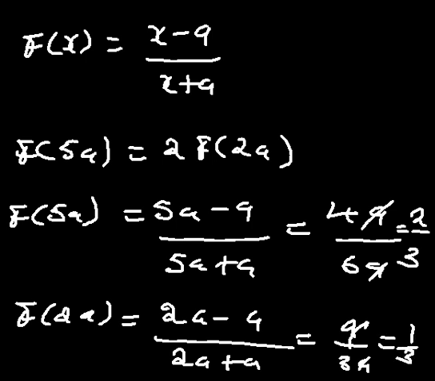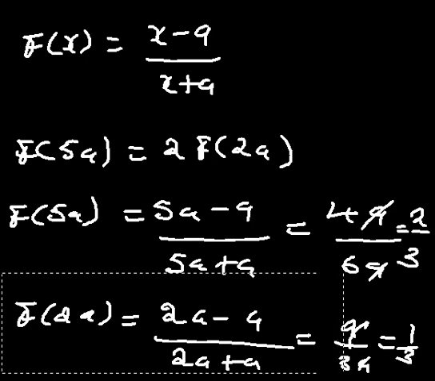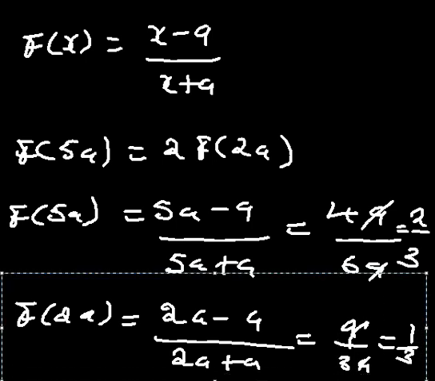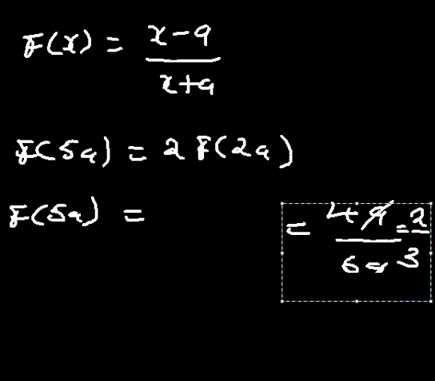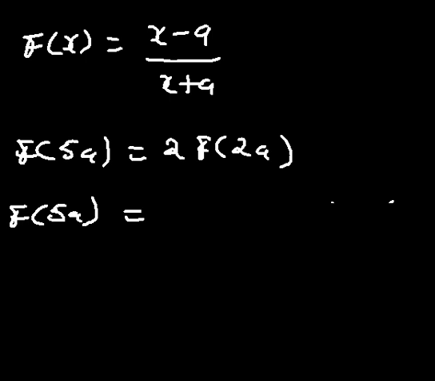So we have 2 over 3, and f of 2a, we have it as 1 over 3.